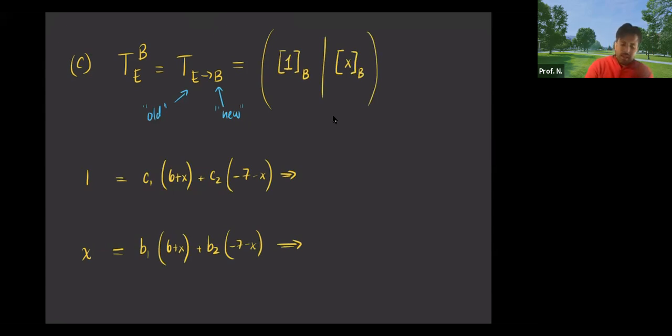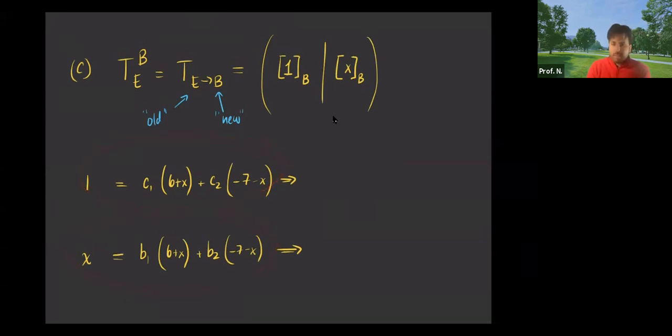And do you see how this now in itself becomes two systems of equations? Because I have this: set 1 equals 6c1 plus c1x minus 7c2 minus c2x. Hope you guys are following this.